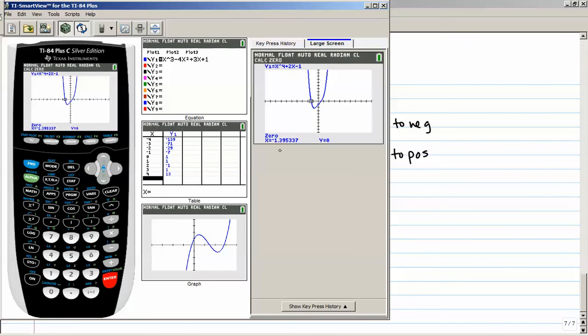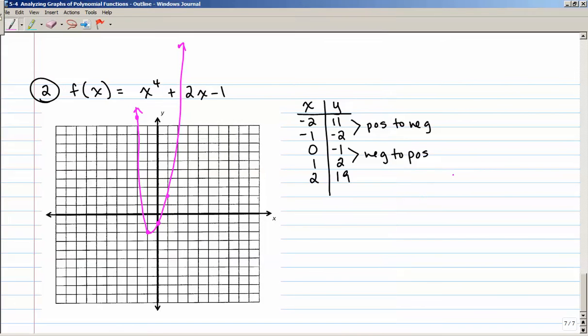And I can see that I have a real 0 at approximately -1.395, so I'll round that to -1.40. So I have a zero at x approximately equal to -1.40. And then I will have one more.